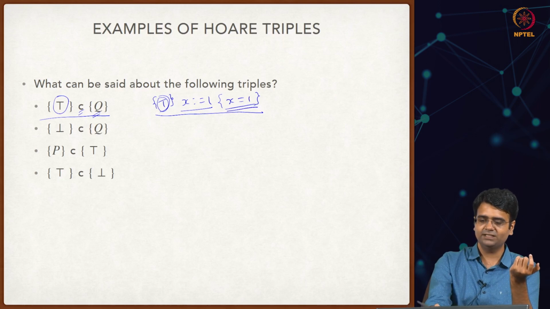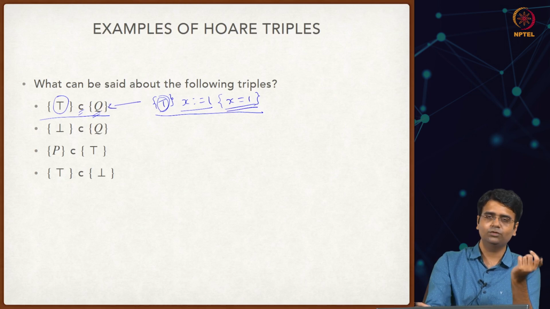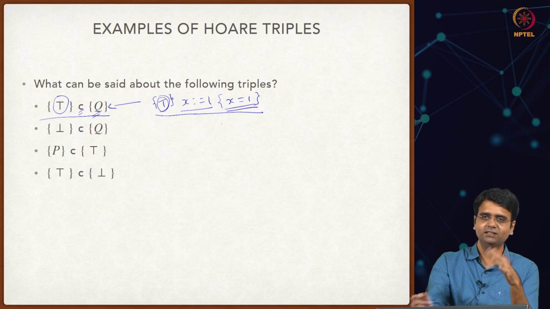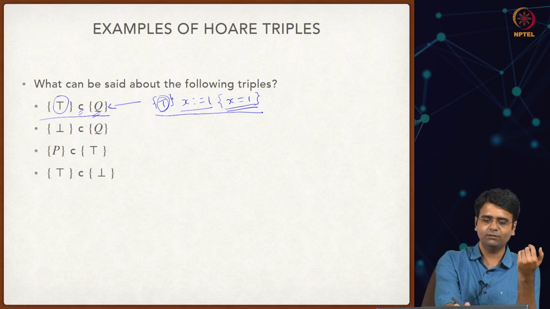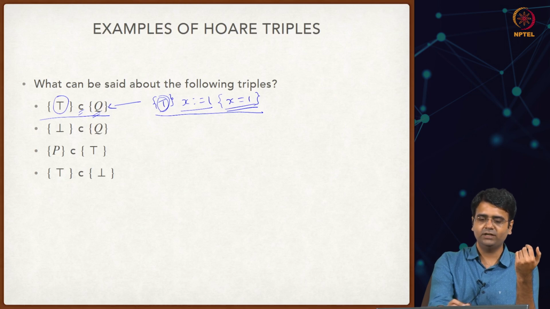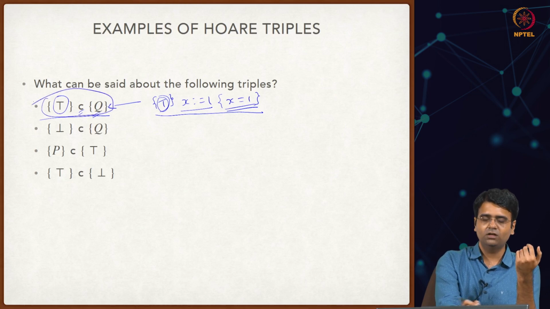So this is an example of a Hoare triple of the form true C Q, where the precondition is true, but there are many other examples. As homework, you can try to come up with other examples of C and Q which will satisfy a Hoare triple of this form.